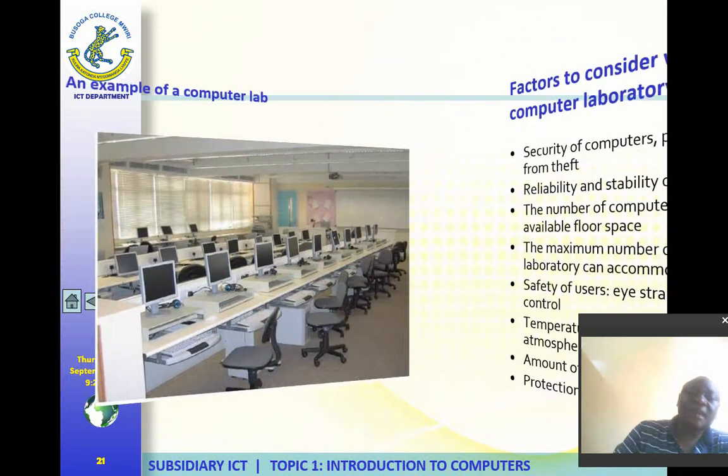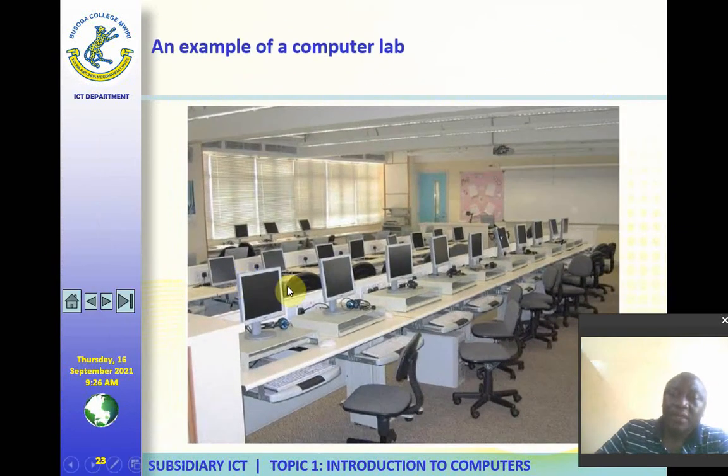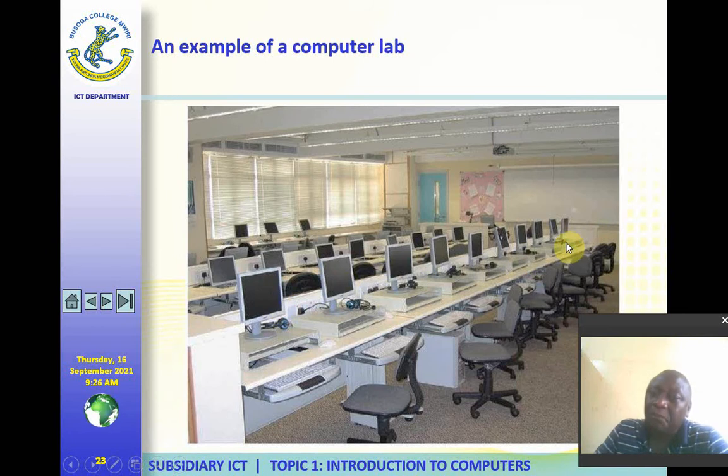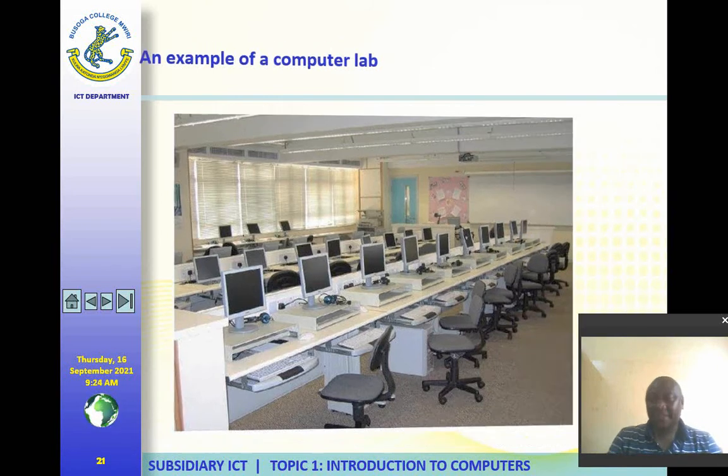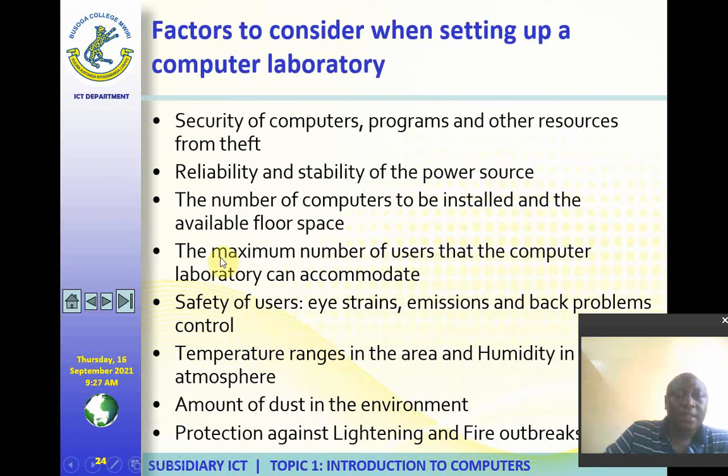You can see in my lab here the computers that I'm going to set. Before you set up yours, you need to know how you are going to align them. This room, as we are setting it up, can it take 20 computers or less? Then the maximum number of users that the computer battery can accommodate.